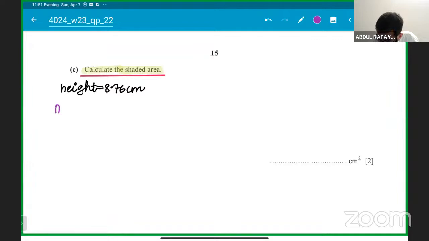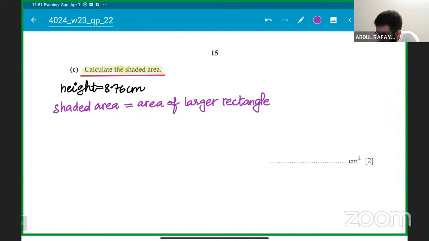So let's do it here. Shaded area is equals to, first make sure you write it down because we are learning as well, area of the larger rectangle minus the area of the smaller rectangle.